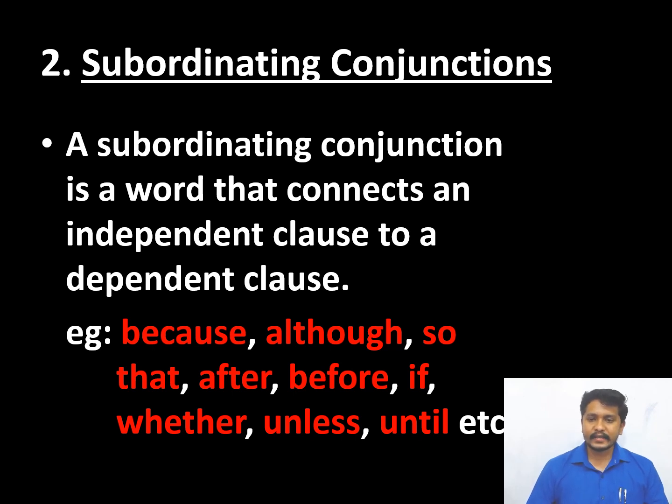That means when we take a sentence, there will be a dependent clause and an independent clause. What conjunctions are we using as subordinating conjunctions? Because, although, so that, after, before, if, whether, unless, until. These are some examples of subordinating conjunctions, and let us study these conjunctions by the use of an example.